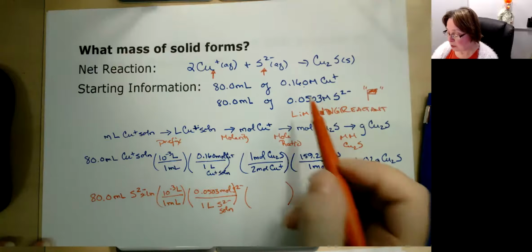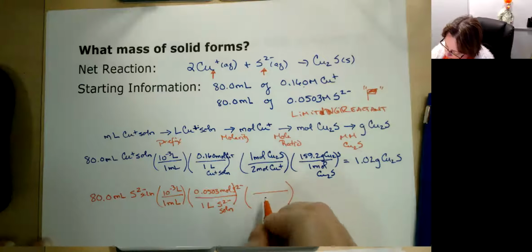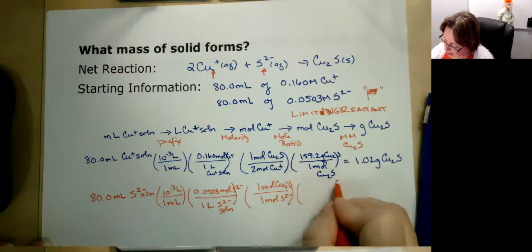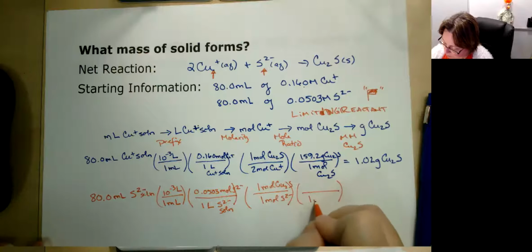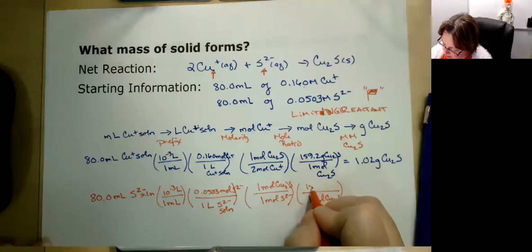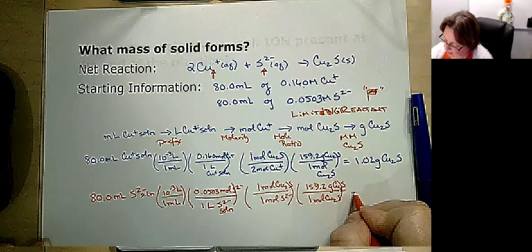Okay. Our mole ratio is also different, right, from our balanced reaction. 1 mole of sulfide for every 1 mole of our copper 1 sulfide. And then the molar mass is the same. 1 mole of copper sulfide, 159.2 grams of copper 1 sulfide.